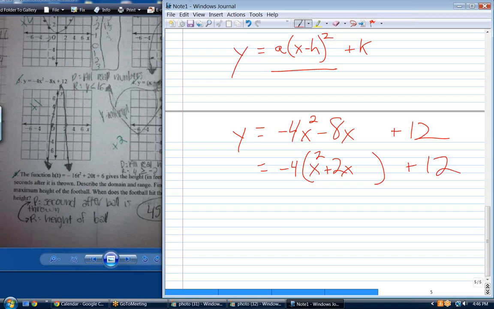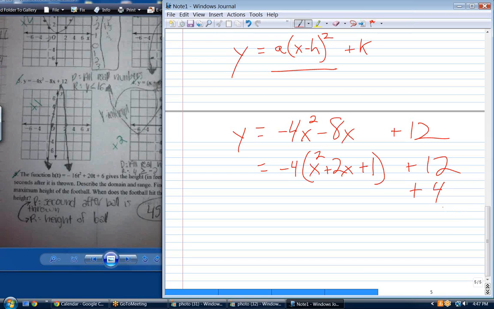How do I complete the square inside the parentheses? Add 1. Okay, the moment I write a plus 1 in there, what did I do to the right side of the equation? Subtracted 4. Very good. Which means I have to add 4 to the same side of the equation so that I didn't change it.